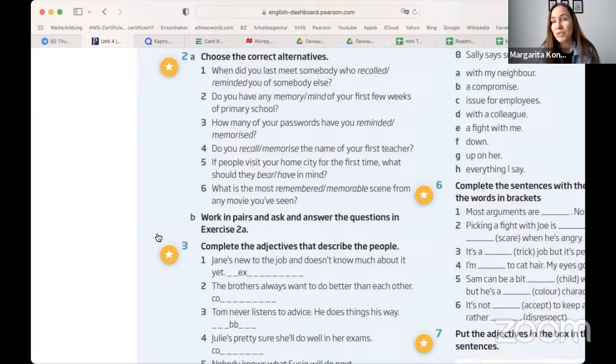We had different words like remember, memorize, recall, and so on. First of all, I will ask you to look here at the questions yourself very quickly, just 20 seconds. And then we will choose together the right words. Look, if you remember them all, maybe some of them you can't recall.